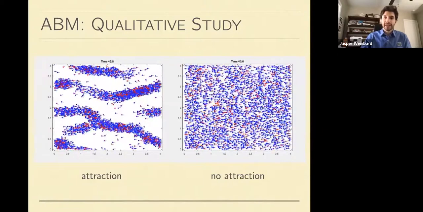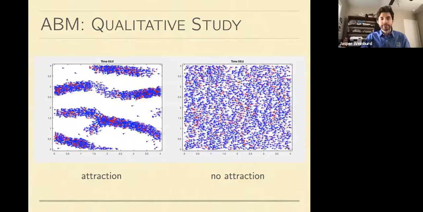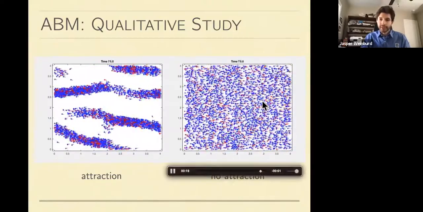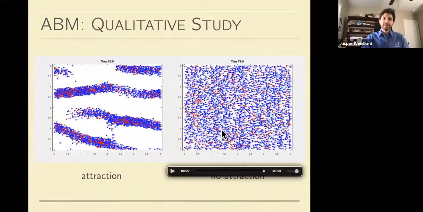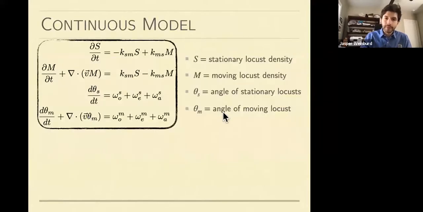So to understand this, we're going to again introduce a continuum theory. So hopefully, OK, now the video is over. We still have no columns, and on the left in the full model, or the model with attraction, we do. So here's a continuous version of that agent-based model.